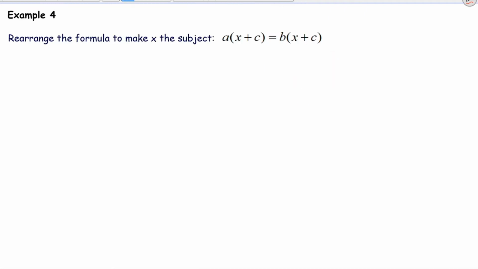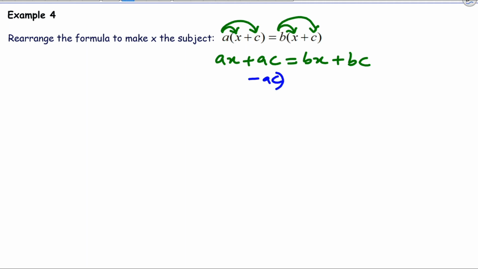Okay, next example. You may start by expanding brackets, multiplying these out. So what you'll end up with is ax plus ac equal to bx plus bc. Remove any terms not relating to x from one side. So let's start with removing ac from the left. So subtract ac. So these will be gone.